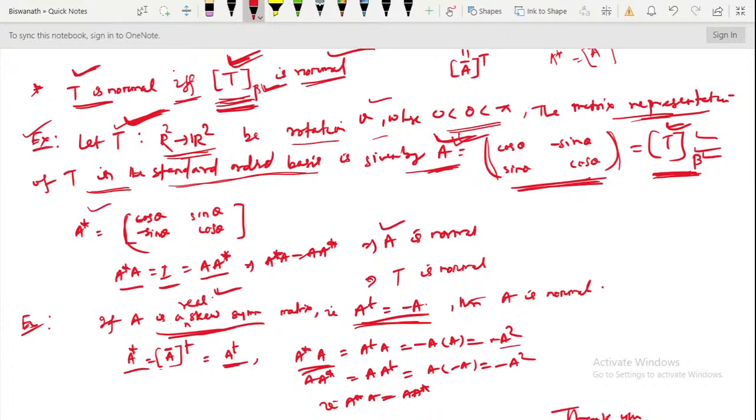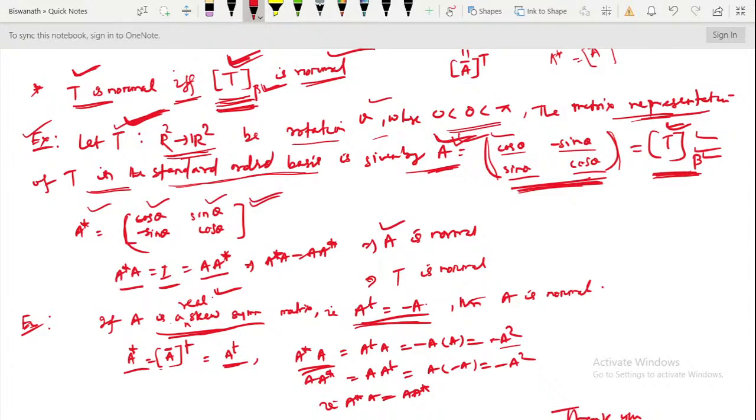Since A is real, its conjugate is the same. Then the transpose: the first row will be in the first column, so cos theta, minus sin theta will be in the first column. Similarly, sin theta, cos theta will be in the second column. So this is A star.